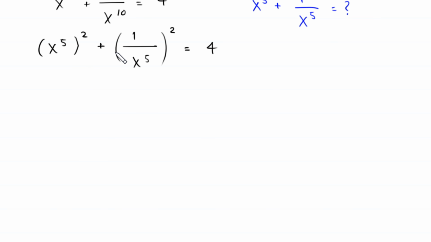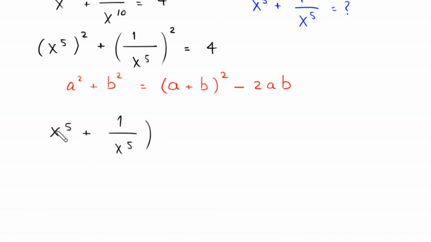Now at left hand side we have sum of two squares, so by using this algebraic identity, a squared plus b squared is equal to a plus b whole squared minus 2ab, we can write this x to the power 5 whole squared plus 1 over x to the power 5 whole squared as x to the power 5 plus 1 over x to the power 5 whole squared minus 2 times x to the power 5 times 1 over x to the power 5 is equal to 4.